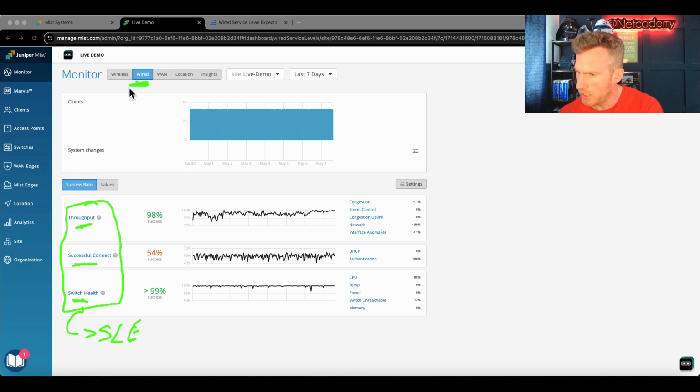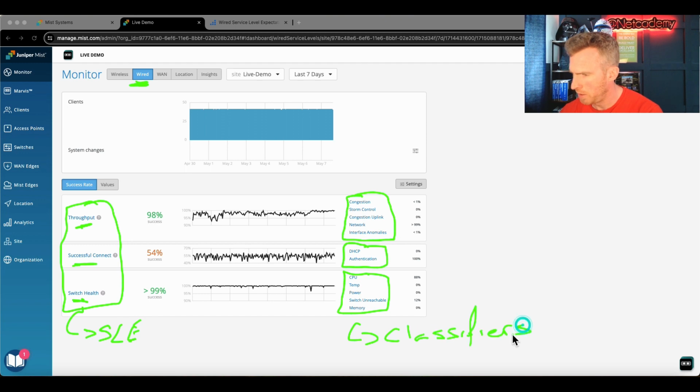But what you can also see just on the right hand side here, and I'm just going to draw a few boxes, all of these are what are known as the classifiers. The classifiers are classifying all that data. As I was saying, that huge amount of telemetry coming up from the switching network to the Mist cloud, you don't want to go through all of it, because there's a lot of data.